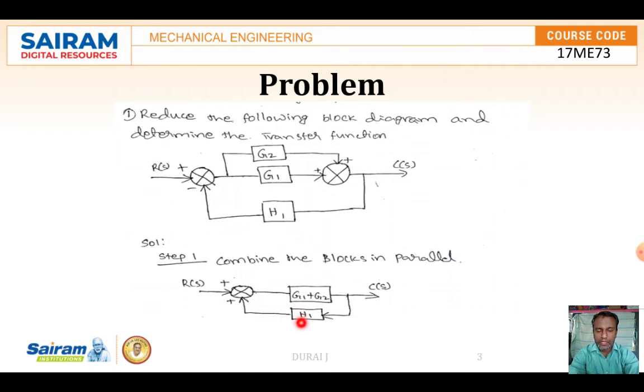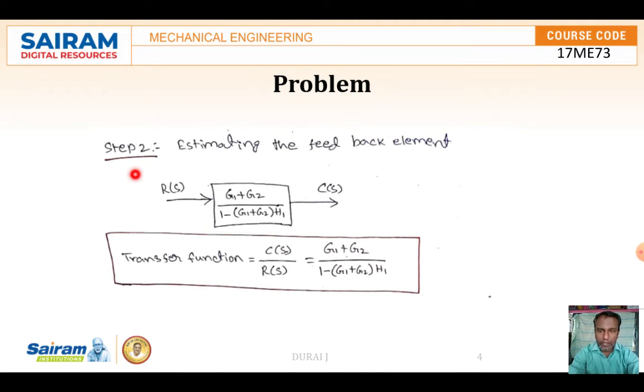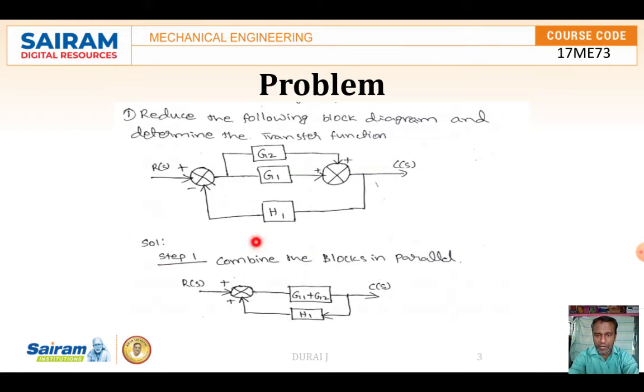So this block and this loop are arranged in a feedback manner. The formula for the feedback loop is G of S divided by 1 plus or minus G of S into H of S. Here G of S is G1 plus G2, so it becomes G1 plus G2 divided by 1 minus G1 plus G2 into H1. Here we take the minus because the symbol provided here is a positive sign.